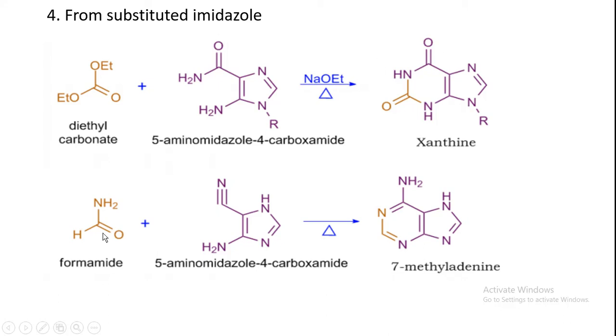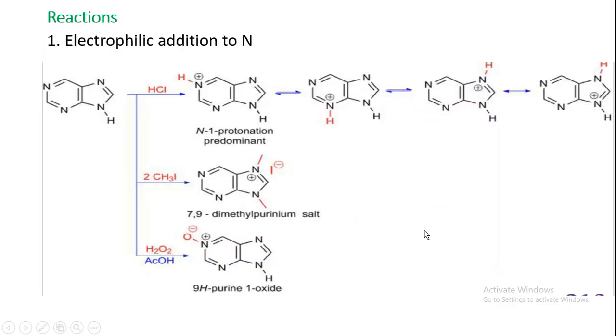Next you use formamide with 5-aminoimidazole-4-carboxamide, which is the same substituted imidazole, and it will give 7-methyladenine. This is also a derivative of purine.